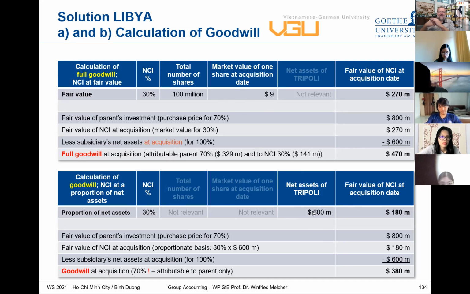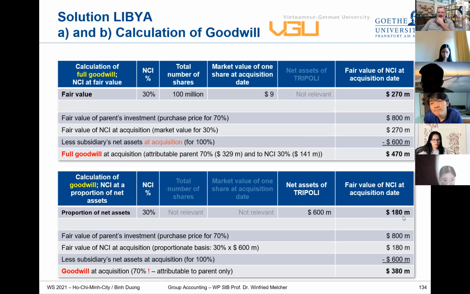So it's not, of course, including any premium, but it is looking at what the NCIs would get when this is the fair value of the net assets. What would they get as a minimum? So the proportion they have is 30% in this example. So the net assets times 30% equals 180 million.